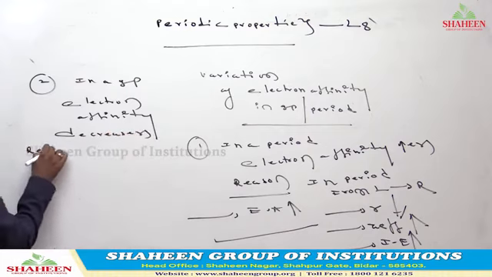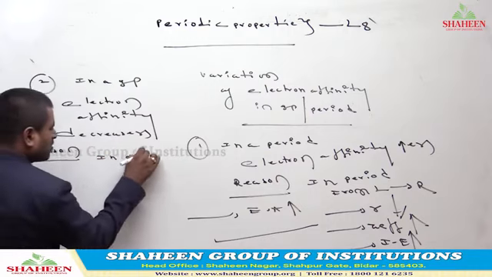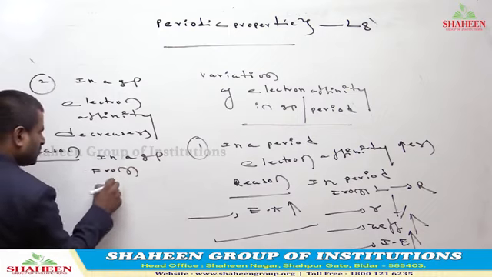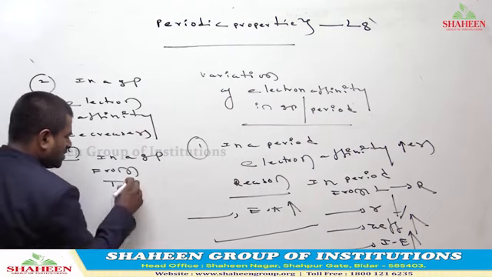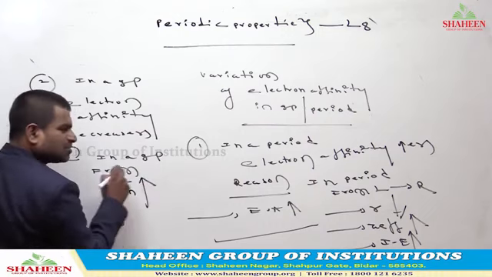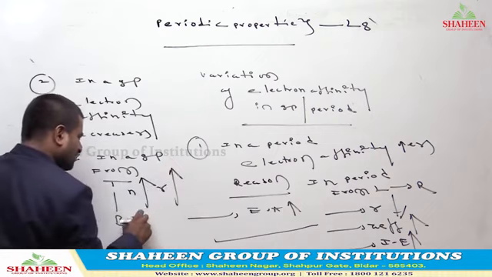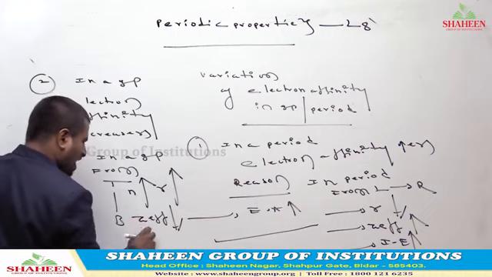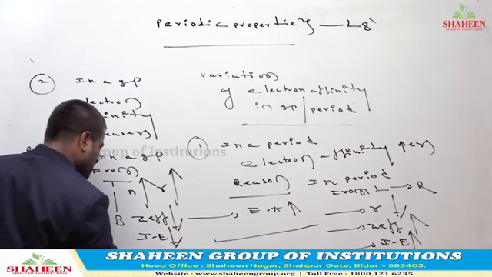The reason: in a group from top to bottom, the n value increases, therefore the radius increases, and Z effective, meaning effective nuclear charge, decreases. So ionization energy decreases, therefore electron affinity also decreases.